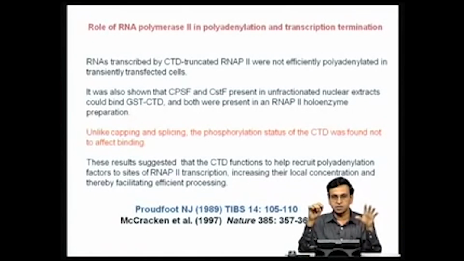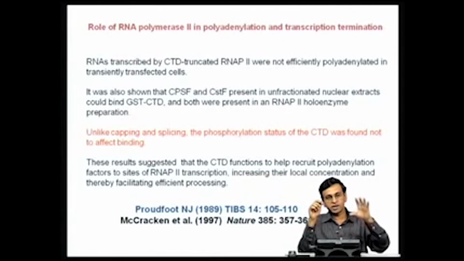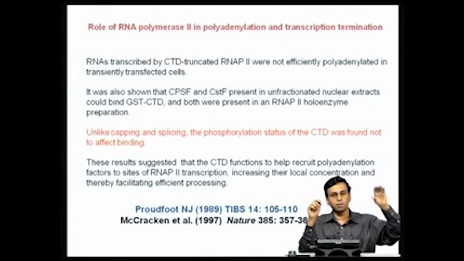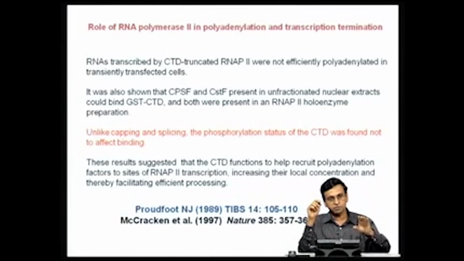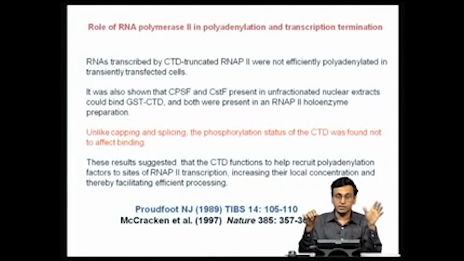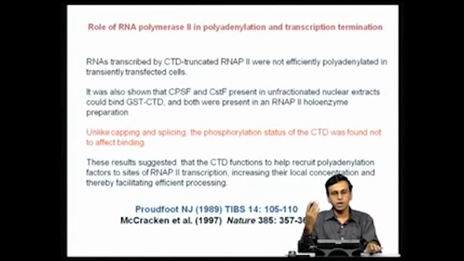We discussed this in detail in the previous class, but the important distinction between the interactions of the RNA polymerase II CTD with the capping and splicing enzymes, and its interaction with the polyadenylation machinery, is that in the previous two cases the phosphorylation status of the CTD played a very important role in the interactions. But in the case of polyadenylation, phosphorylation of the CTD does not seem to play a very important role in the interaction with the proteins involved in polyadenylation.